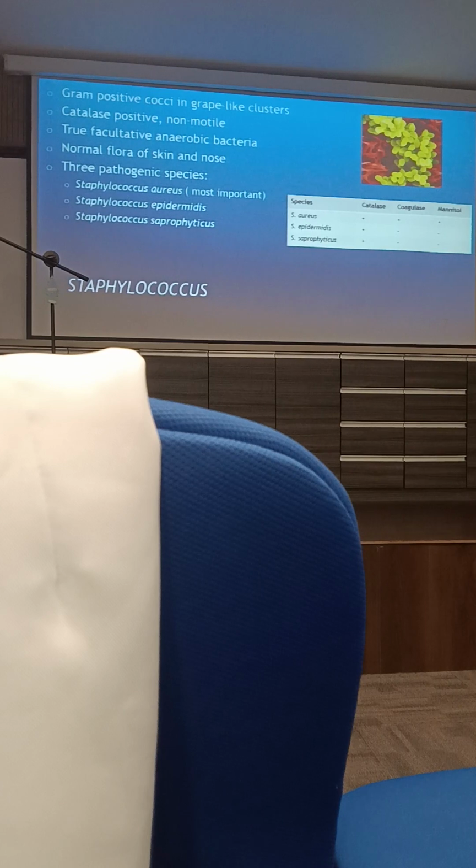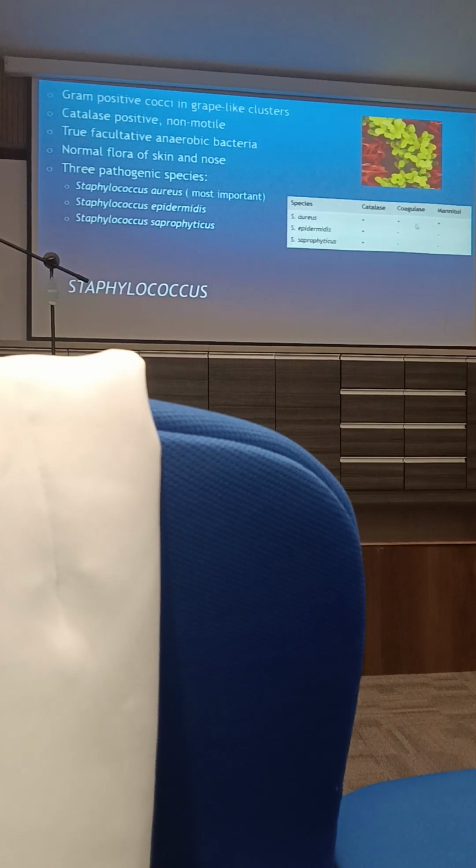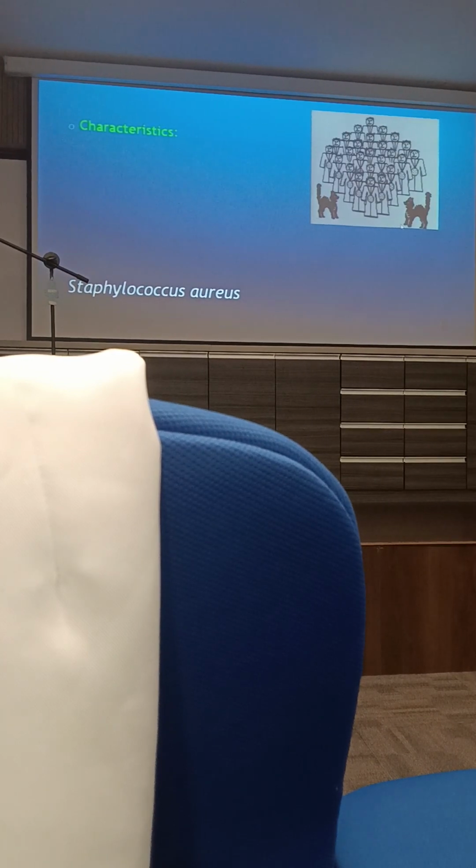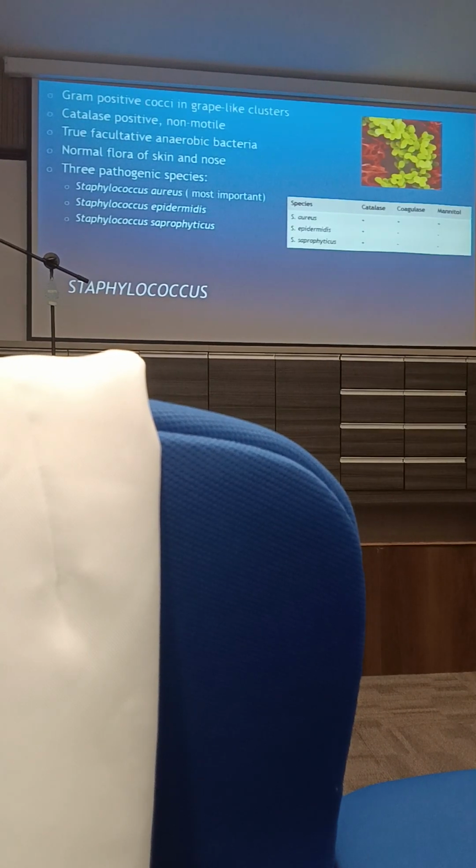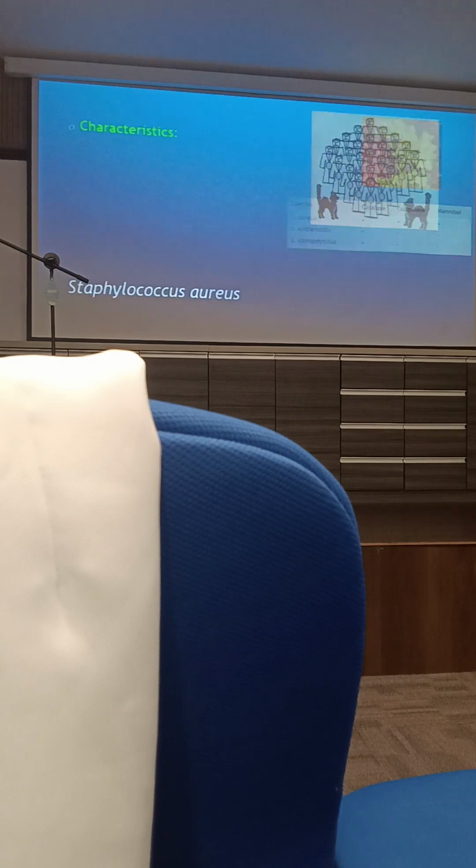Coagulase is the ability to coagulate or do the clotting, which we saw in our pathogenicity lecture. So Staph aureus is coagulase positive, whereas the rest are not.